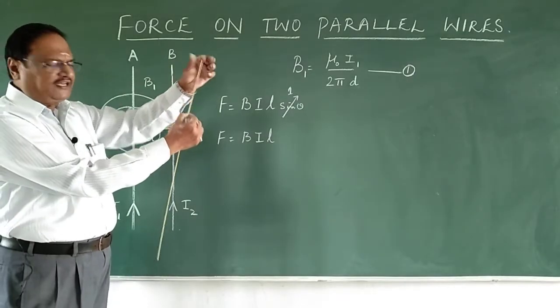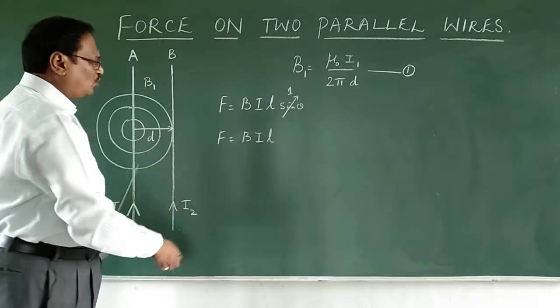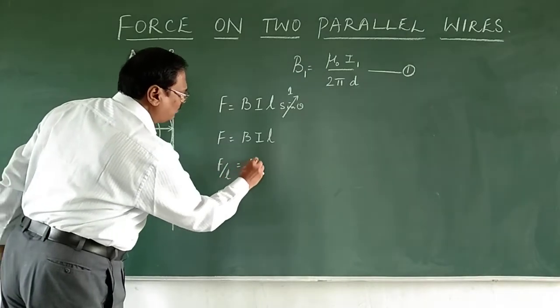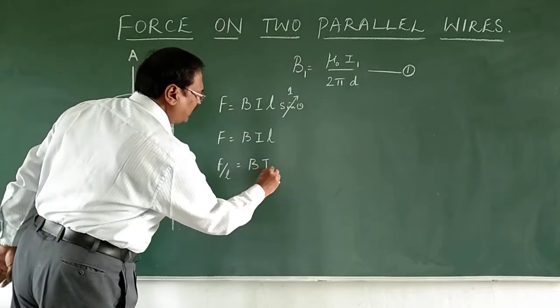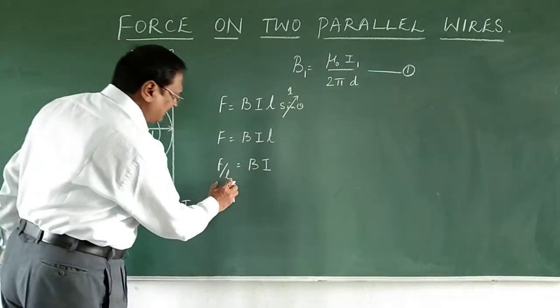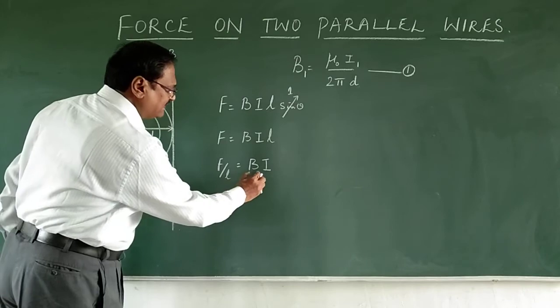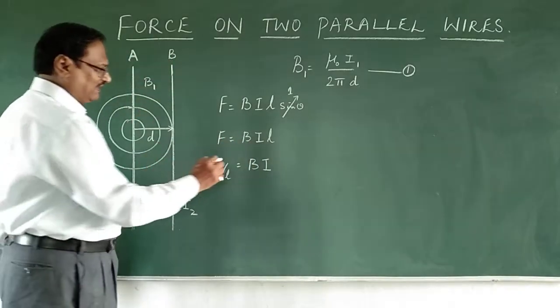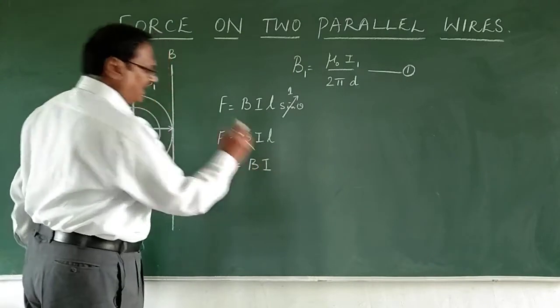Or in 10 centimeters, what is the force acting? So I can say force per unit length is equal to magnetic field into current, B into I. You understand what I say? Here F upon L is nothing but force per unit length, that is B into I.